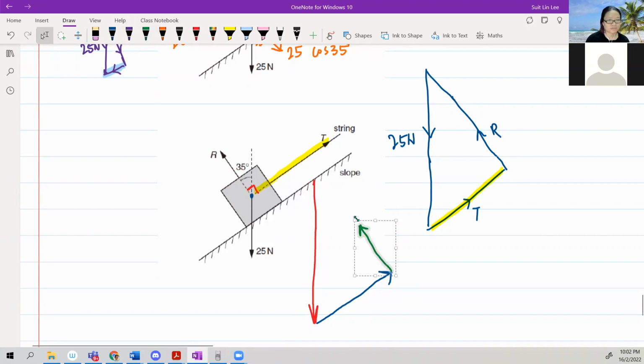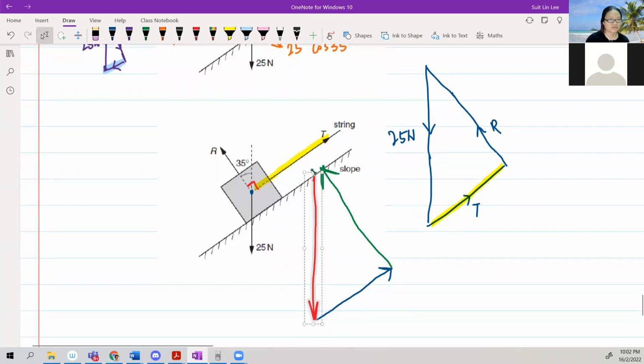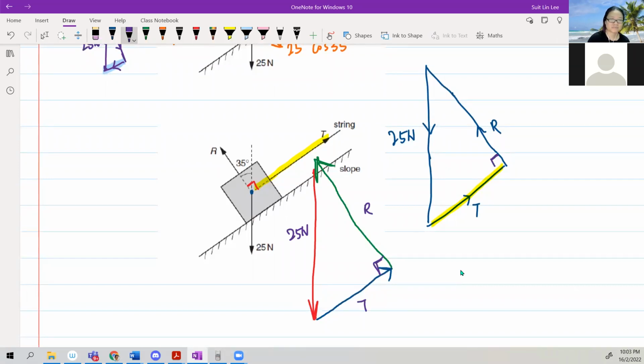So I stretch this and I stretch this. Actually, I was stretching it in my brain until they meet, something like this. This is my vector drawing. 25 is going down. T is here. R is here. This one is always 90. We want to look for T, right? So all we need is an angle.